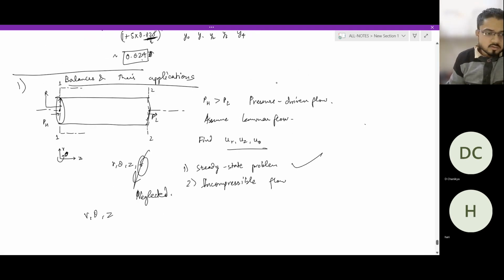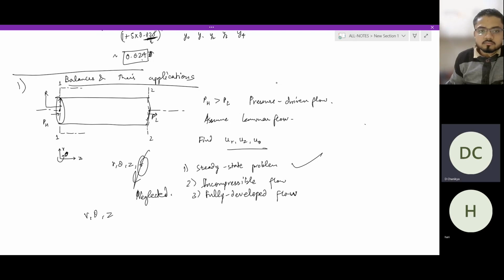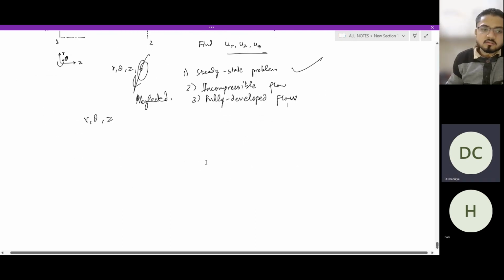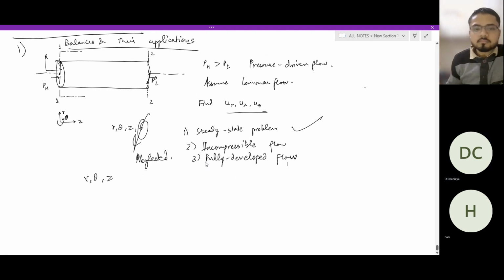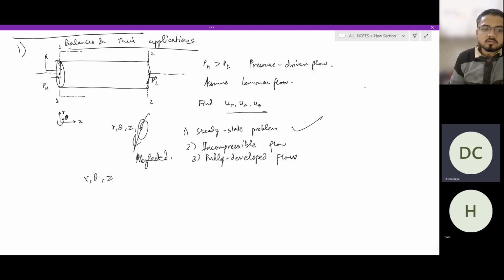And the third is also a fully developed flow. Do you understand what is meant by FD flow, fully developed? I think velocities will not change after fully developed. Yes, you are close, but not precise. No problem. We'll cover it up.